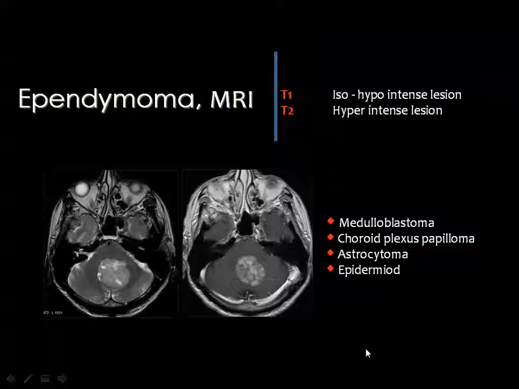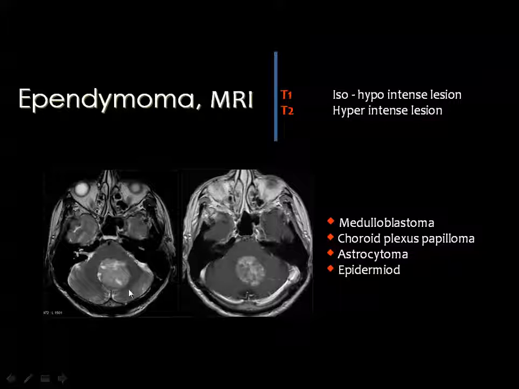Then ependymoma by MRI will appear iso to hypointense in the T1, hyperintense in the T2 weighted image, and after injection of contrast it will show a similar pattern of enhancement to that of CT, which means that it may enhance homogeneously or heterogeneously.